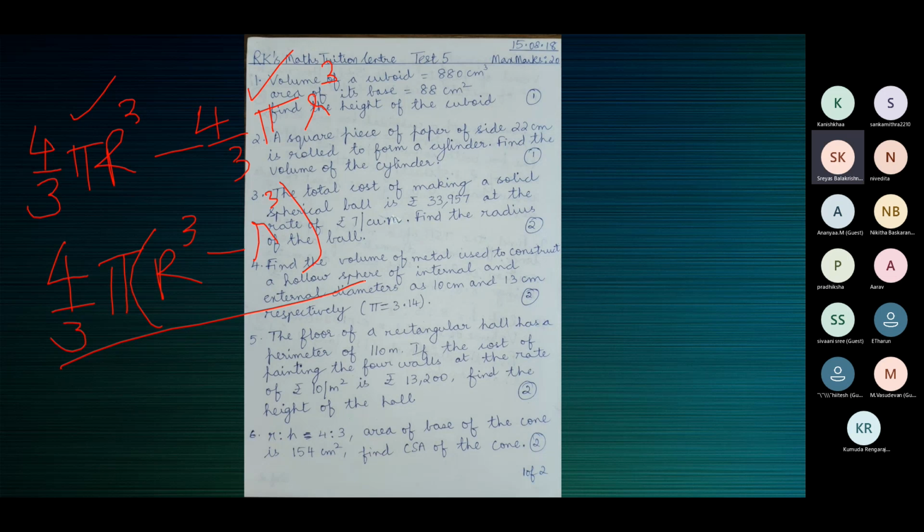Ma'am, here can we use the a cube minus b cube formula, ma'am? A cube minus b cube, is it? You can use it, but I don't think it will simplify your task. A cube minus b cube is a minus b times a square plus ab plus b square. Again, you'll have to find a square and b square.